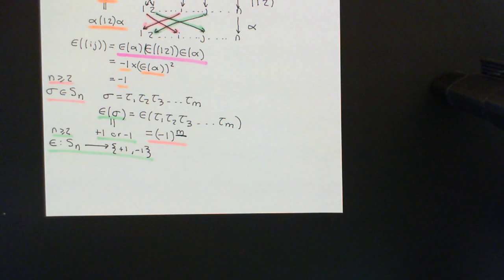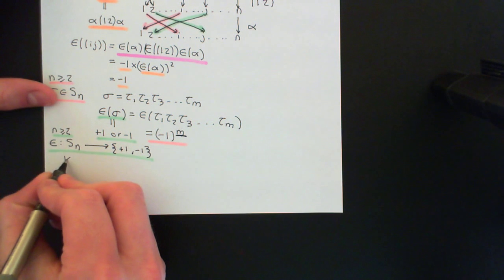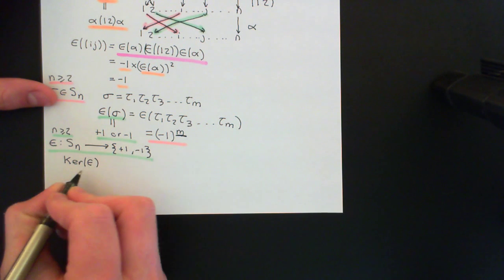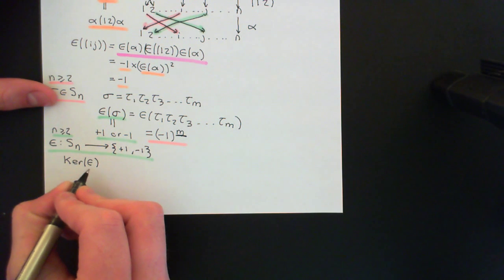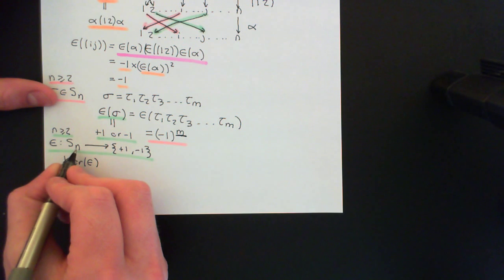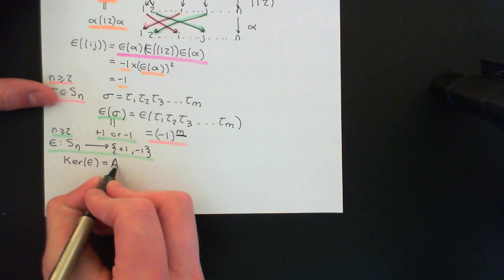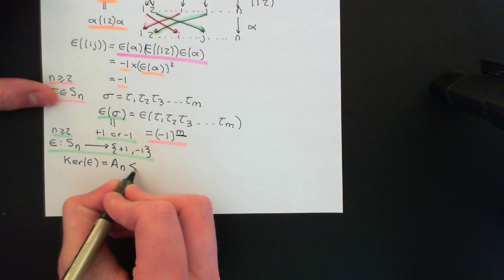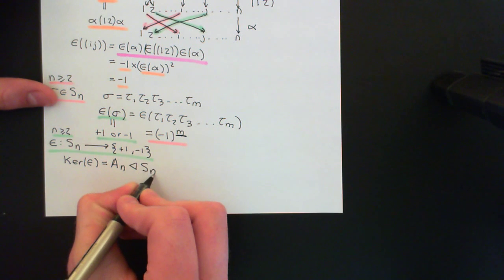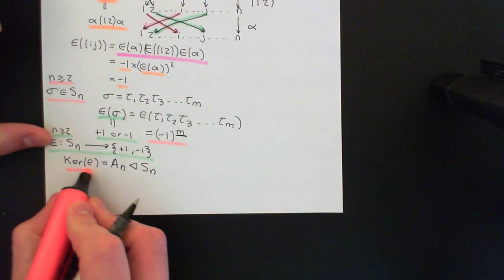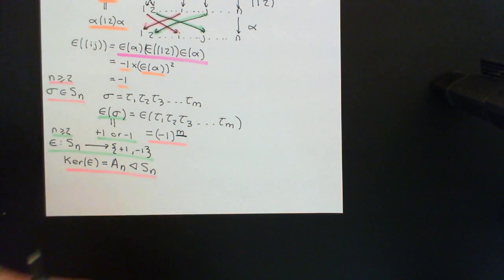Okay, so now what we can do is consider what's the kernel of this group homomorphism. What is the kernel of the sign function? We know that that's going to be a normal subgroup of the symmetric group on the set of n elements, and that is what we're now going to call the alternating group. Now, which set permutations are going to be in the kernel of the sign function?